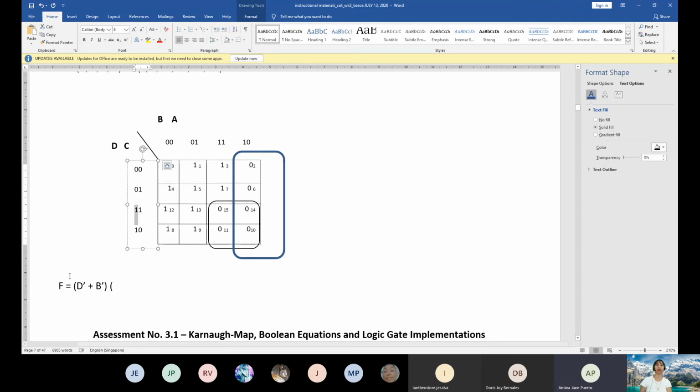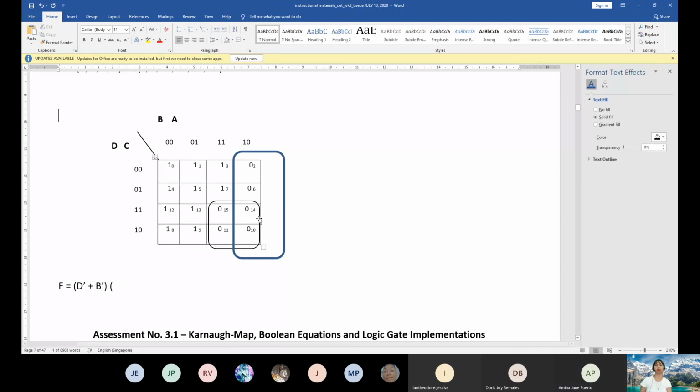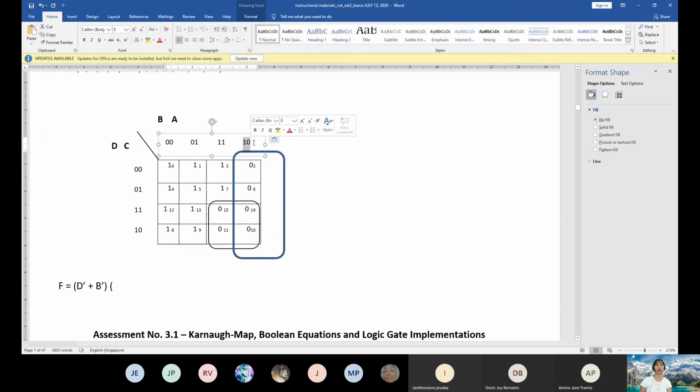Eliminated. Okay, D is also eliminated since it has mixed values of 0 and 1. How about for BA? With respect to BA, it only has 1 value. The blue loop only has 1 value, which is B is 1, A is 0.